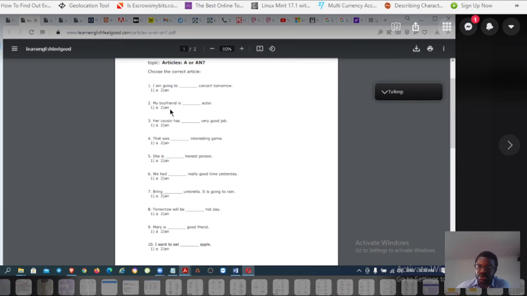Number 2, what is it? Number 3: Her cousin has a very good job, because V is a consonant, that's why we use A. That was an interesting game, because I is a vowel, that is why we use AN.